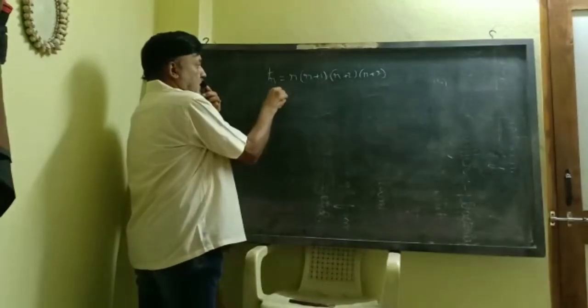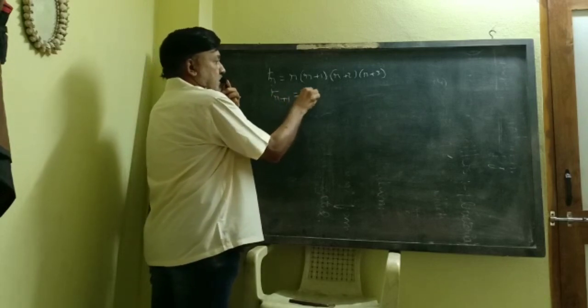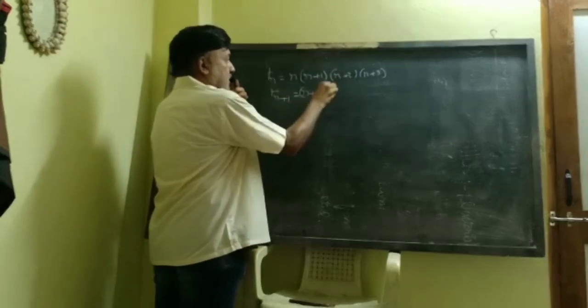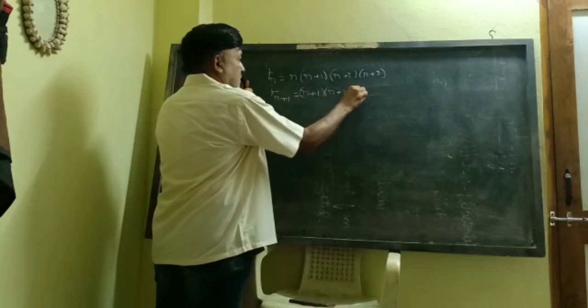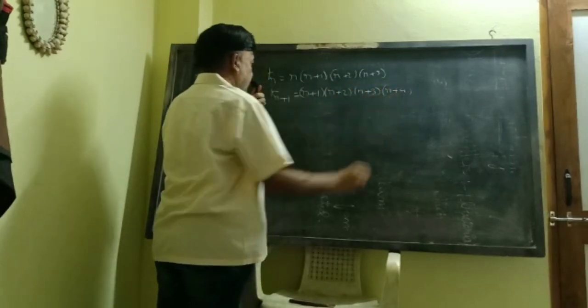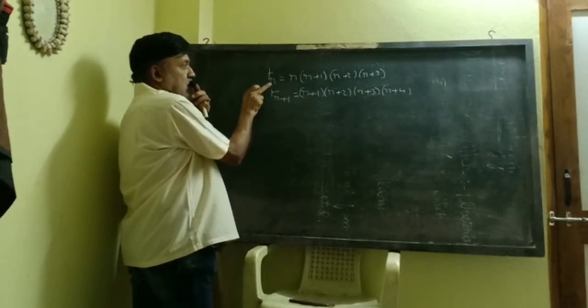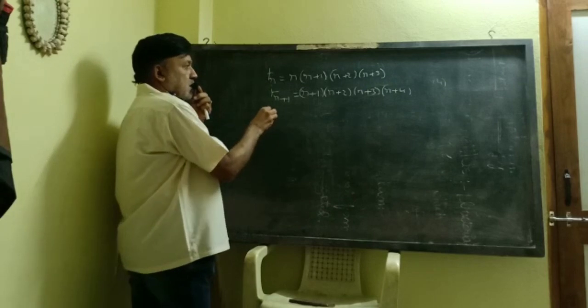You are supposed to write first Tr plus 1. Tr plus 1 is r plus 1 into r plus 2 into r plus 3 into r plus 4. So you have to link Tr and Tr plus 1. You have to connect like this.